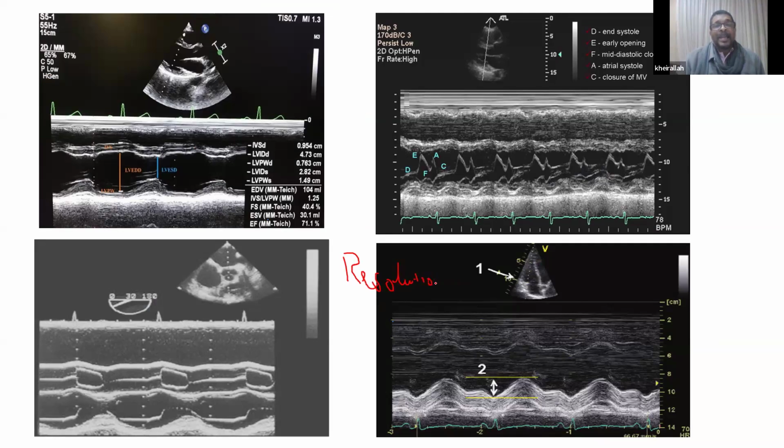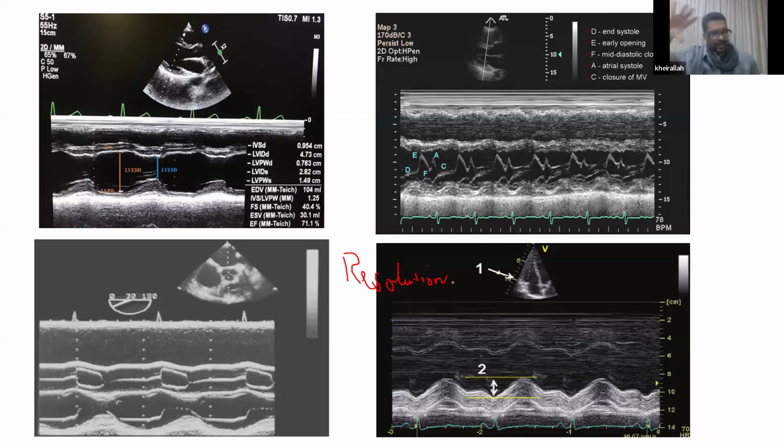Of course any imaging technology or imaging modality has resolutions: spatial resolution, contrast resolution, temporal resolution that characterize each specific one. Okay. In echo we have temporal resolution. Temporal resolution means how fast you capture a moving object.